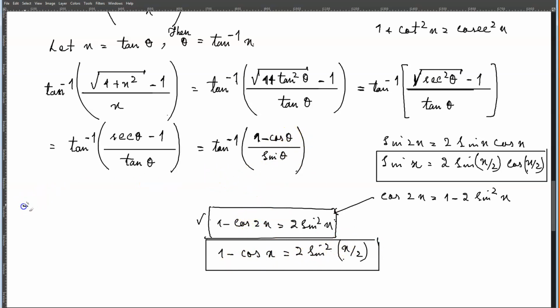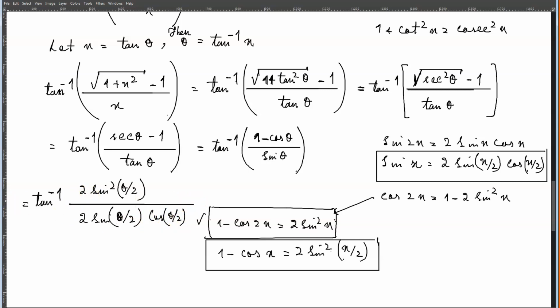So then I'm going to write this expression as the tan inverse of 1 minus cos theta over sine theta. 1 minus cos theta becomes 2 sine squared theta divided by 2, and sine theta would be 2 sine of theta divided by 2 times cos of theta divided by 2.